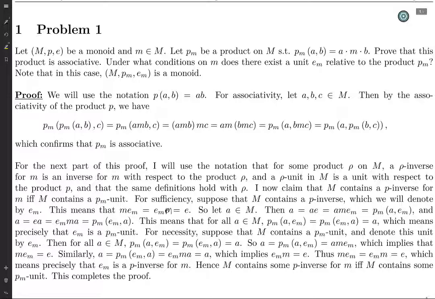But for some reason, I'm blanking on this at the moment. My gut's telling me that because this is a monoid, we don't have invertibility, so you don't necessarily have cancellation. So how can you go from knowing that A equals AMEM to having that MEM equals E?